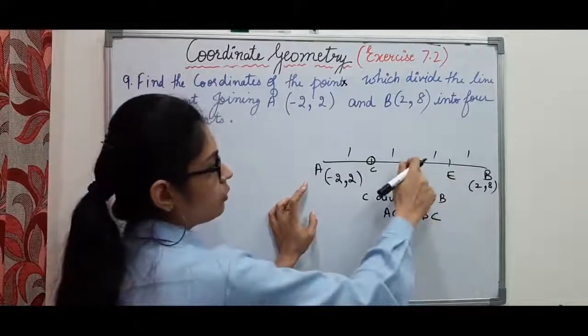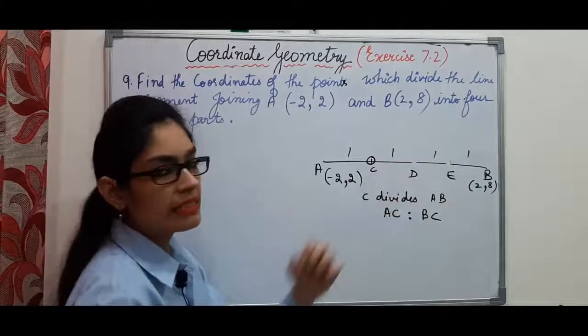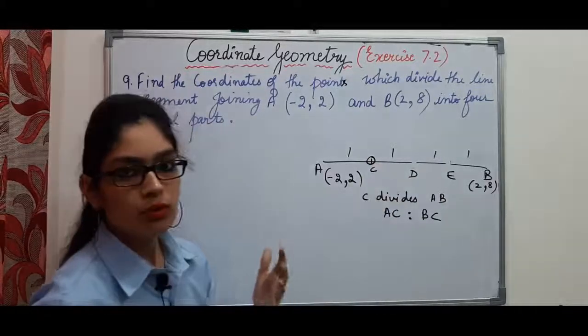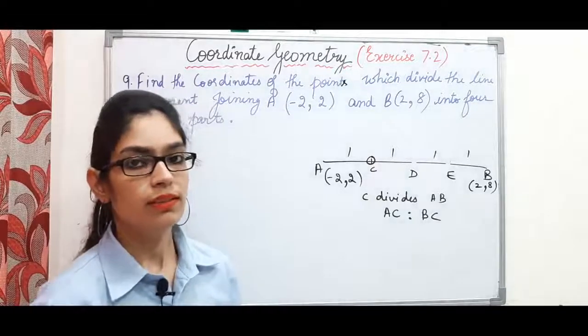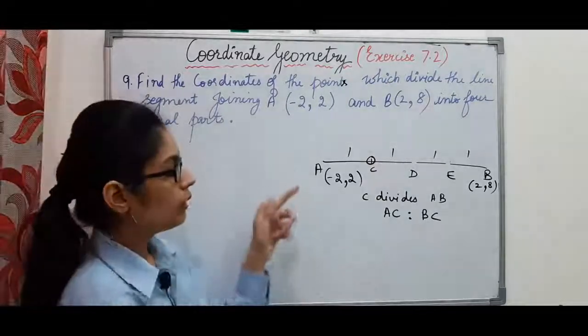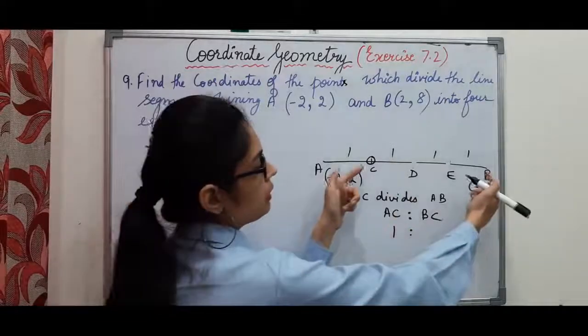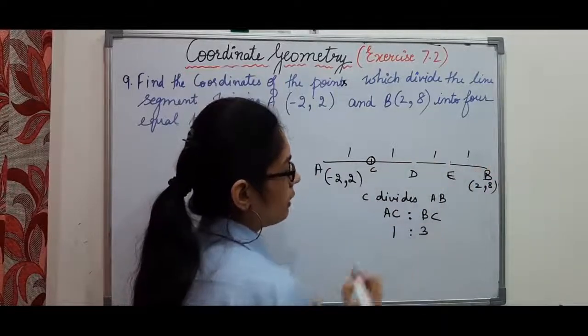These other points you don't have to consider now, because we are finding the ratio in which C is dividing this line. Same way we find the ratio, like I have explained in the previous question and in the second question. AC is one part, so write 1 here. In BC, how many parts are there? 1, 2 and 3. So it will be 1:3.